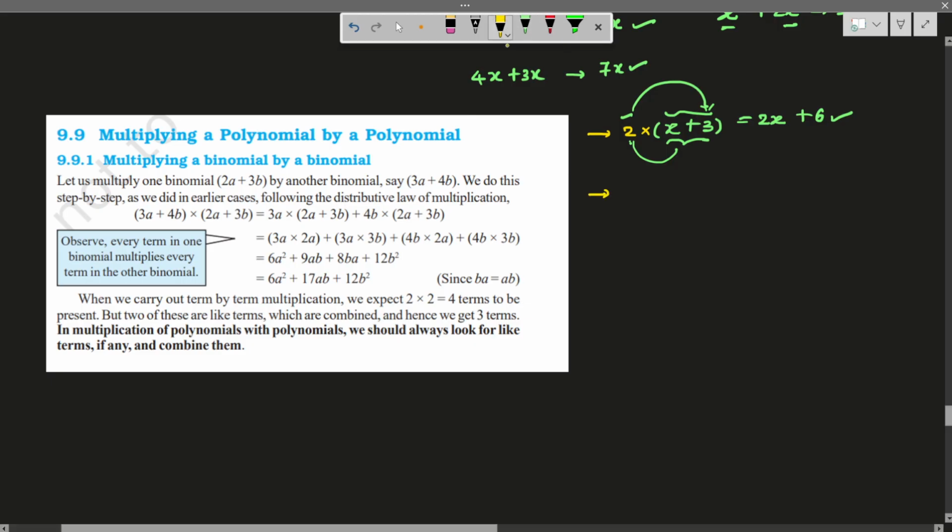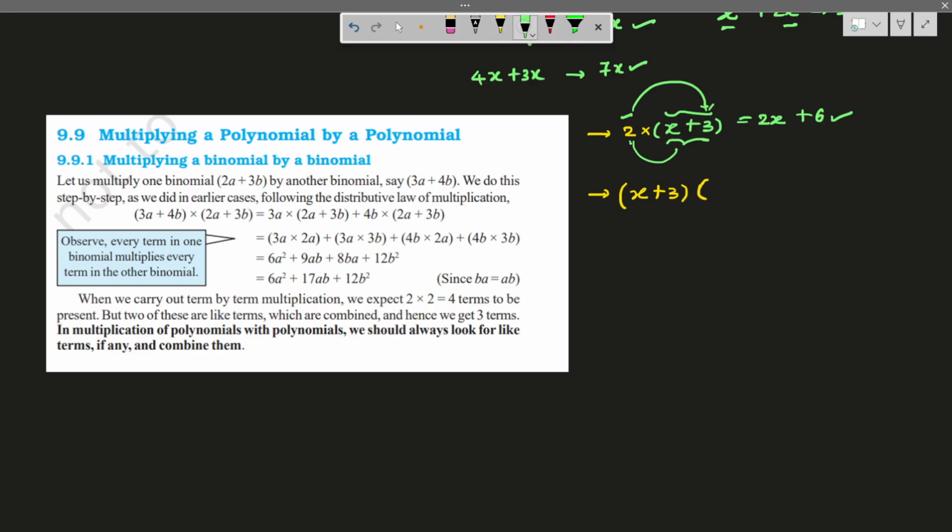Similarly, if we have an expression like x plus 3 into x plus 2, we should take the first term and multiply it with each and every term in the other expression.